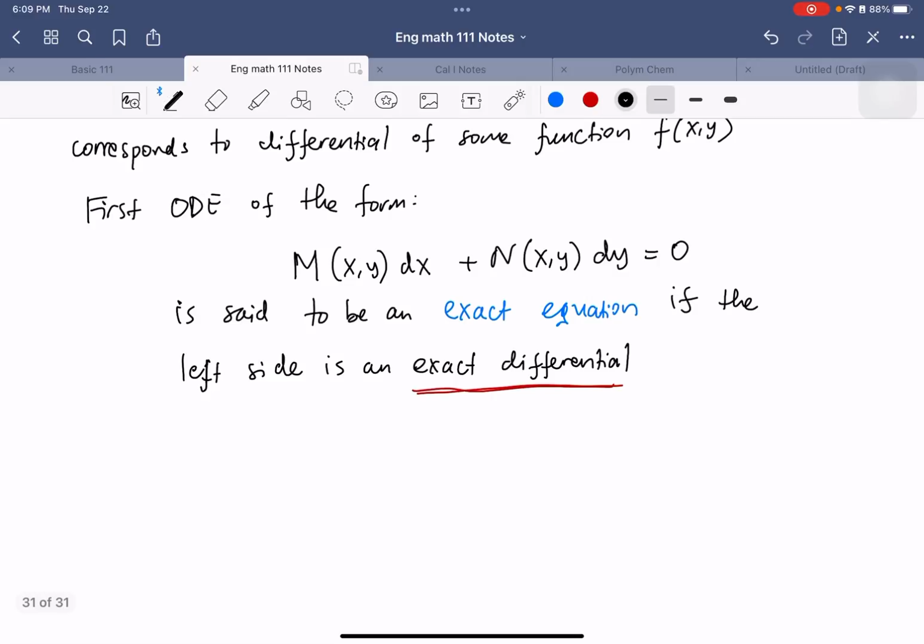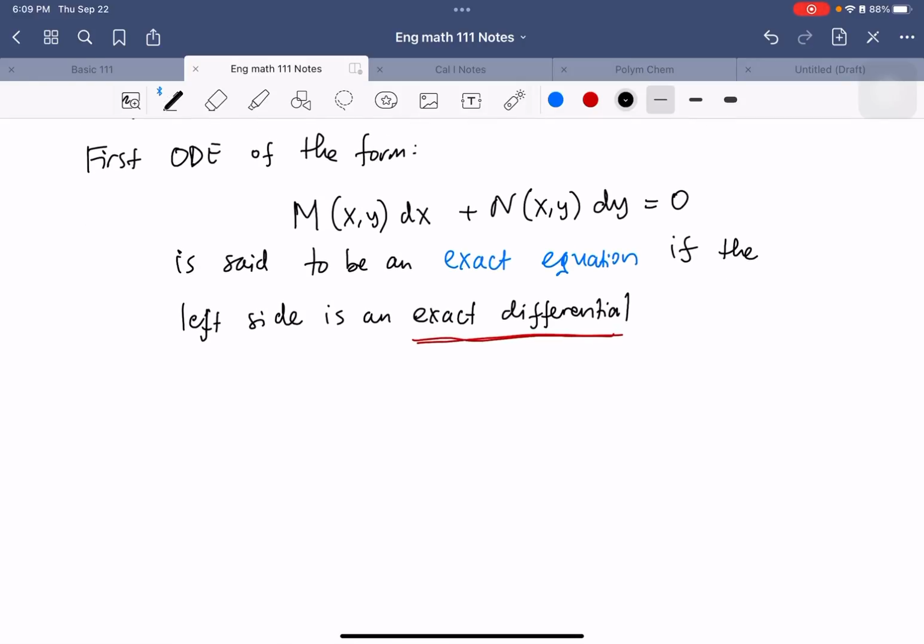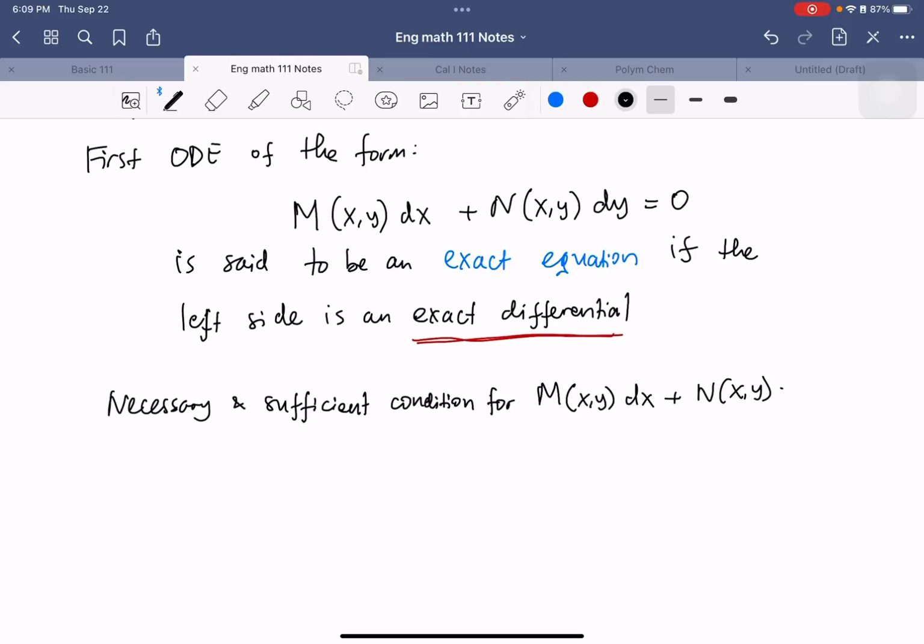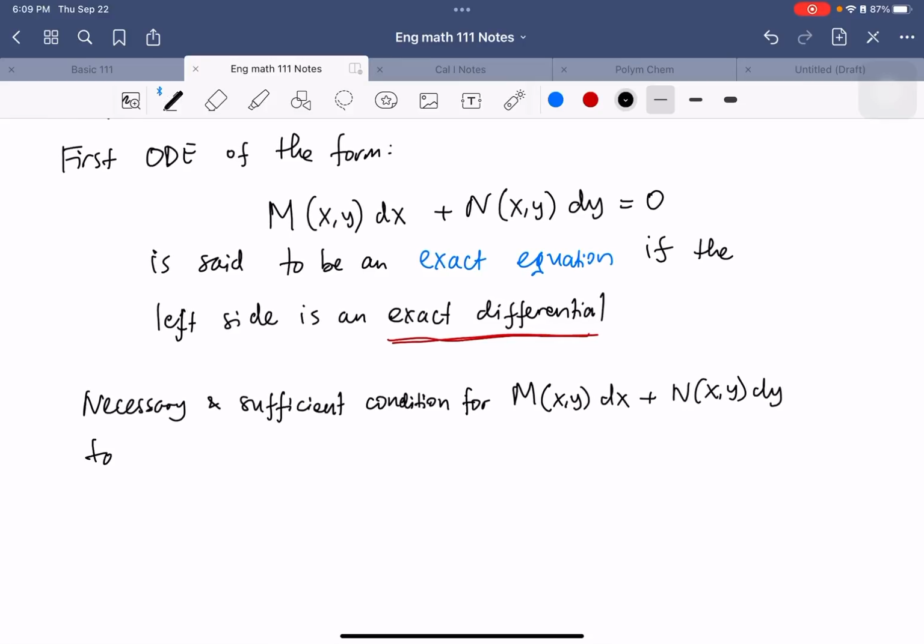So we start with the necessary condition for this to be an exact differential, which is when we have dou M dou y equal to dou N dou x.